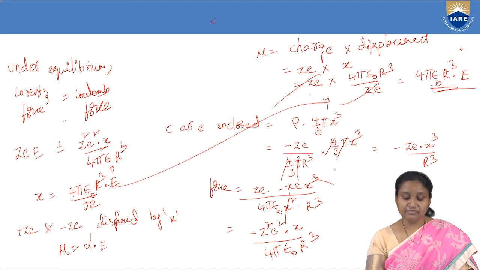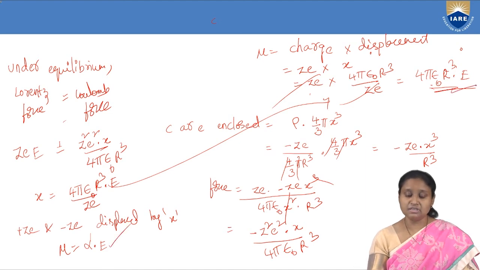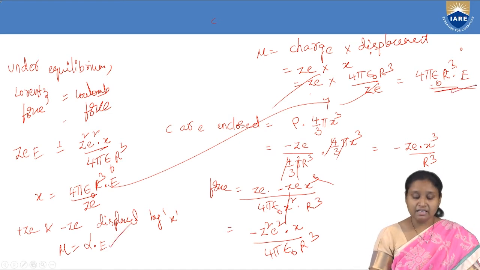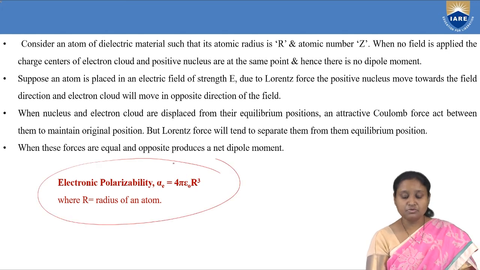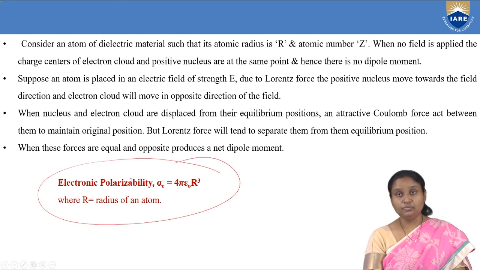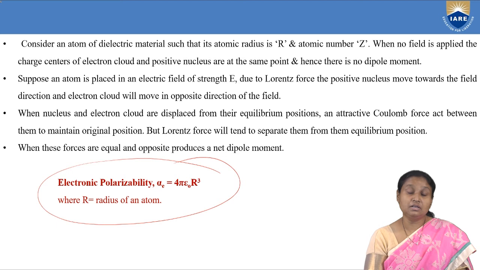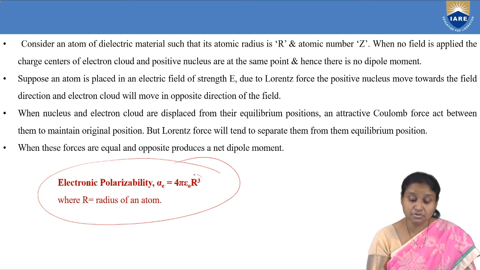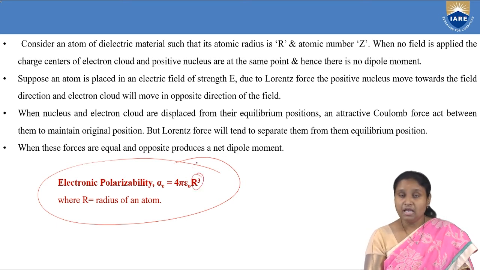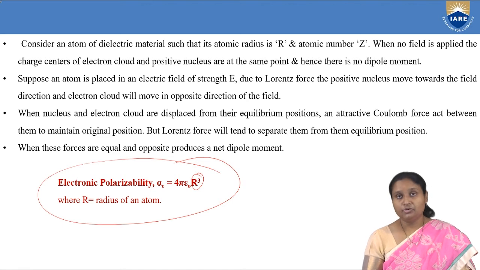So this is the formula. And if I compare this equation and this equation, ultimately our electronic polarizability comes out to be 4 pi epsilon naught r cube, where r is the radius of the atom. It means that electronic polarizability is proportional to the radius of the atom, and this polarizability is independent of temperature.